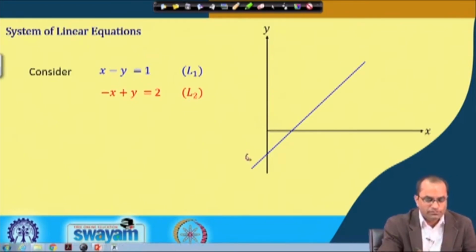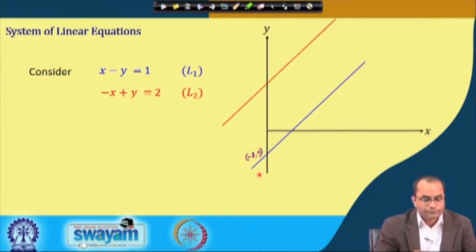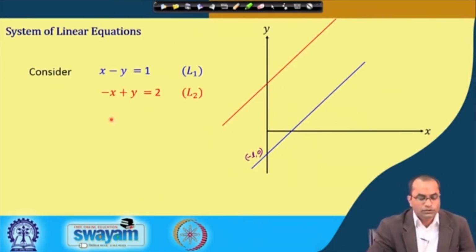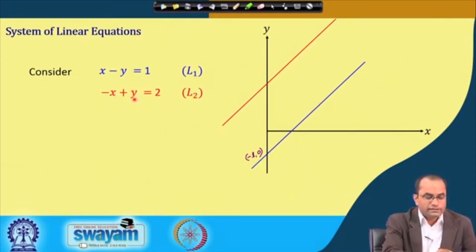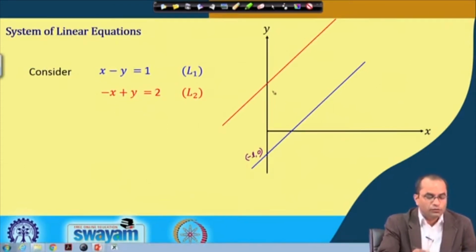So, this is the point here, minus 1 at x equal 0, and the second line, minus x plus y is equal to 2. So, in this case when x is 0, here we are getting the point y as 2.